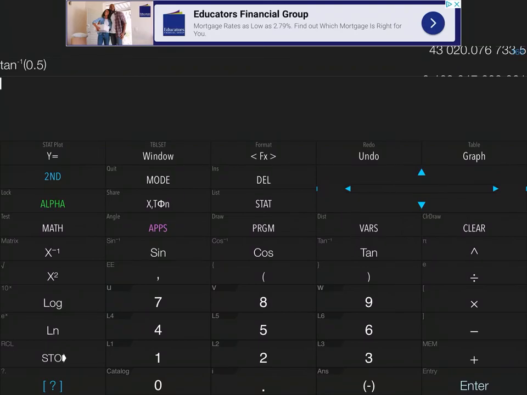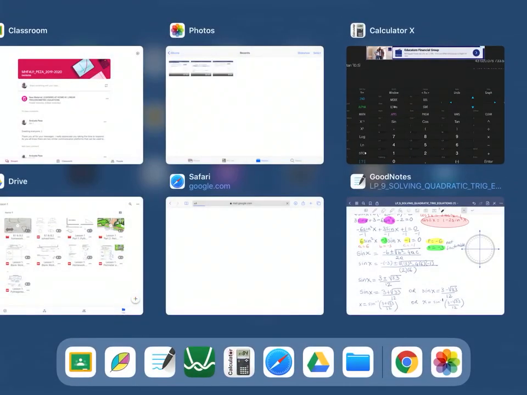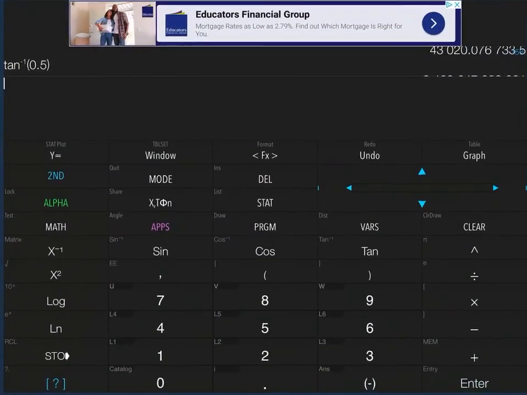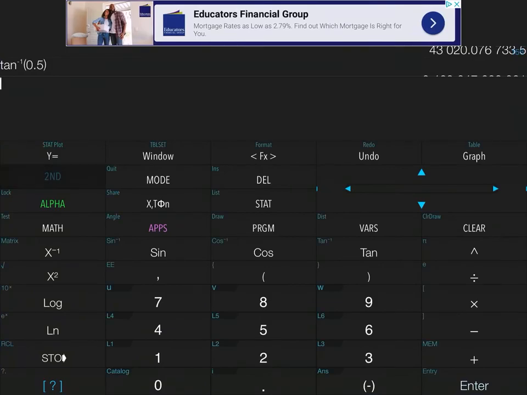So again, we have to find the angle using the sine ratio, and we have 3 plus root 33 over 12. So second sine, and see how the brackets open.